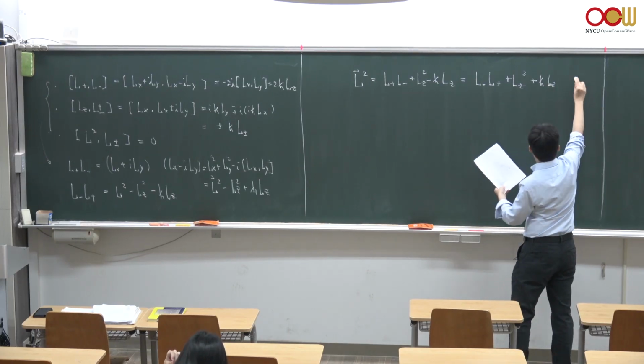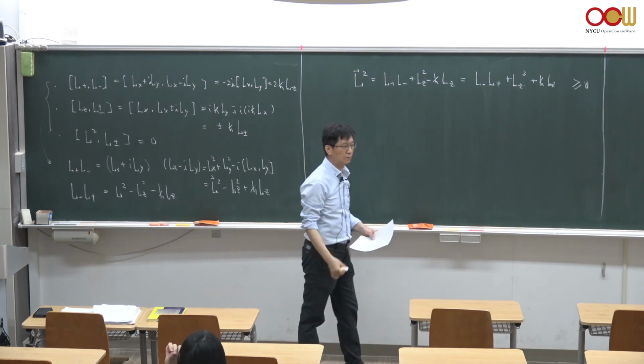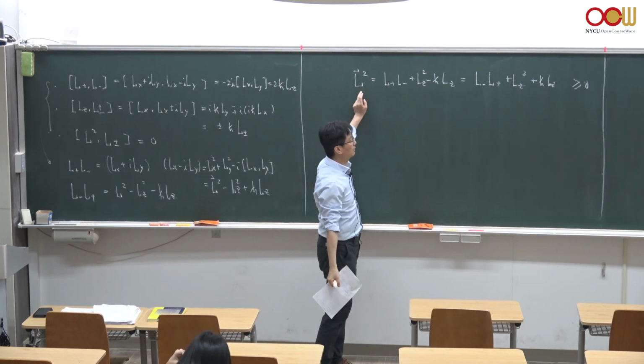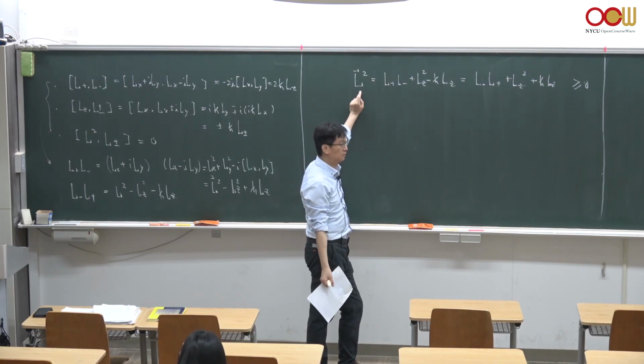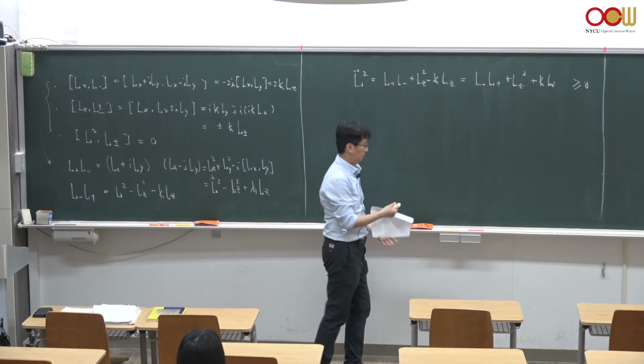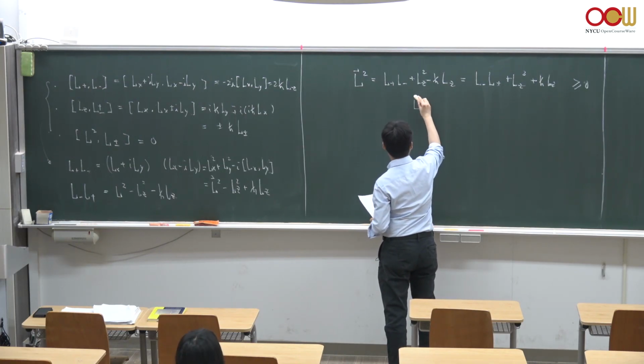But we know that any expectation value or eigenvalue of L squared must be positive or 0, because L is a Hermitian operator.